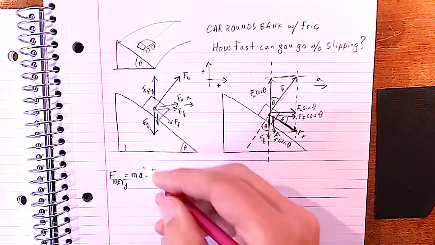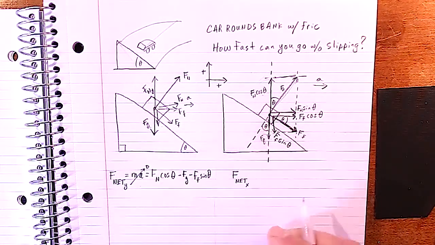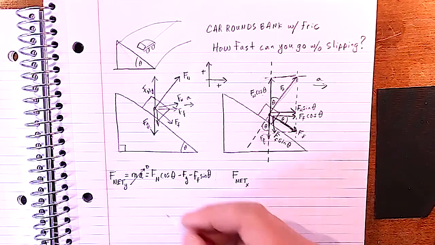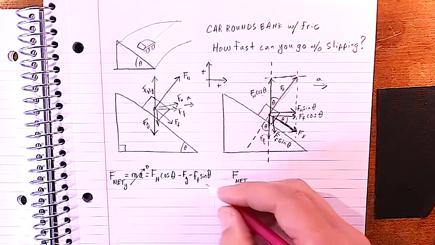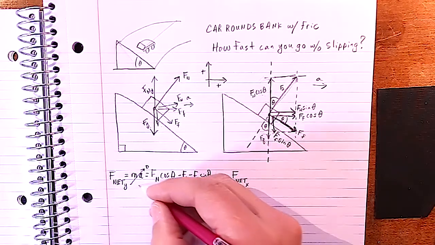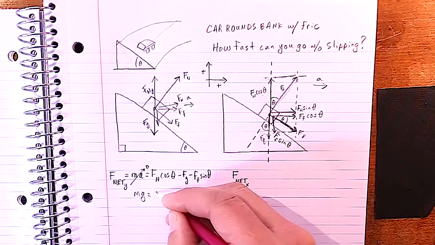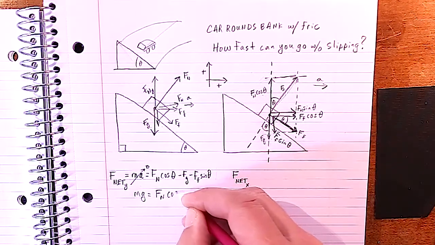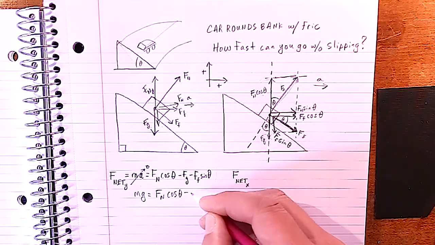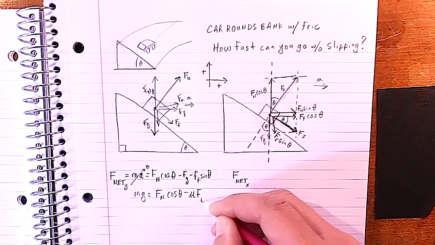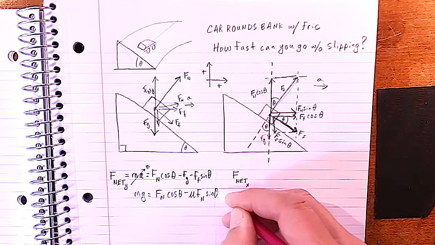And it's not accelerating in the y-plane, so that drops out to 0. So what do we have? I'm going to bring this minus Fg to the other side. So we have mg equals Fn cos theta minus, and I'm going to replace Ff with mu Fn sine theta.